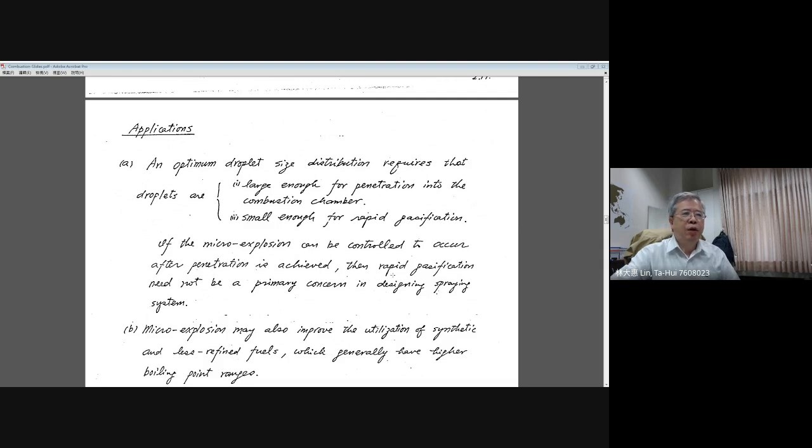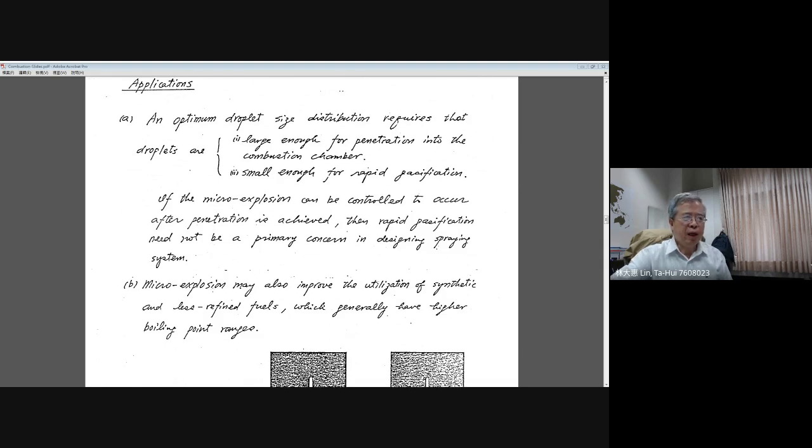Then the rapid gasification need not be a primary concern in designing the spray system, which means in this kind of optimal droplet size design, you try to use the micro explosion to achieve both criteria, large enough and small enough for complete combustion applications in the combustion chamber.